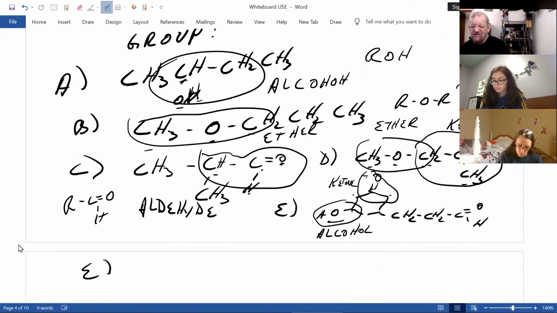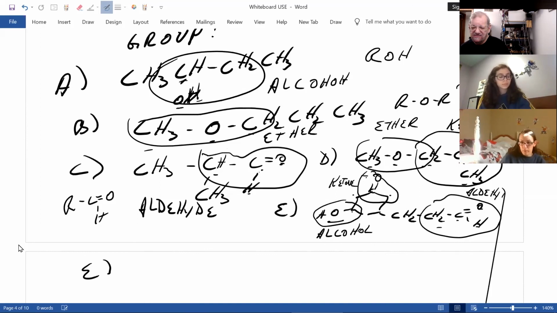Ooh, another oxygen here, double bond to carbon with hydrogen and carbons. And that's an aldehyde. And that's how you play that fun group game. Circle and name the functional group, 2 points each.